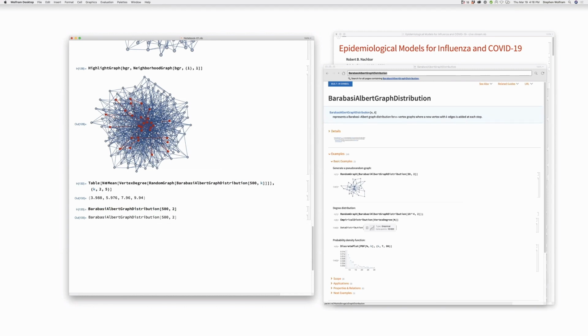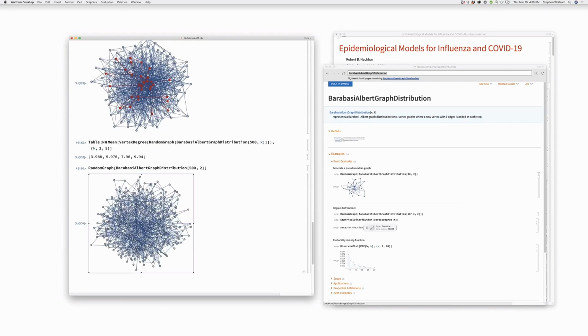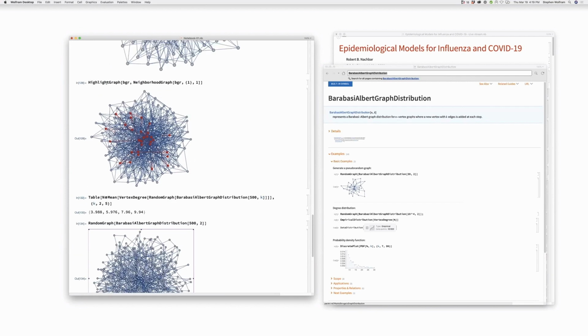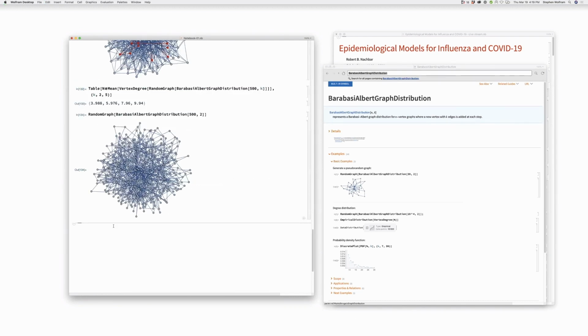Let's get a random graph here. Okay, so let's do the same thing just for this. Just to see what it looks like.